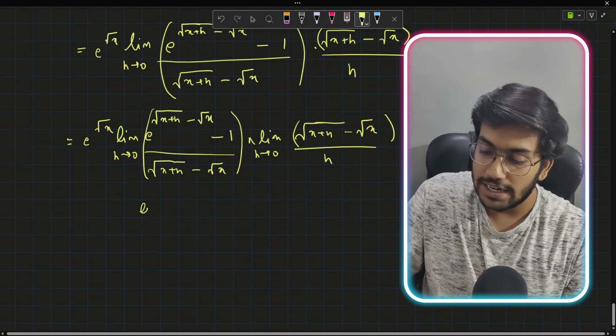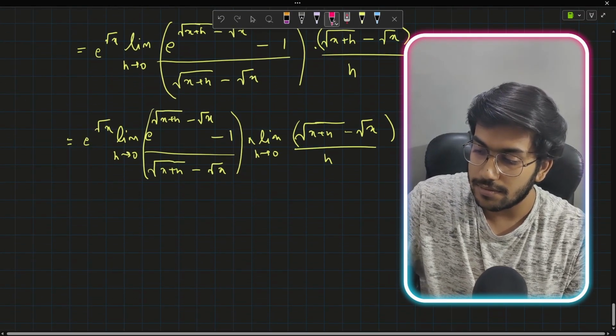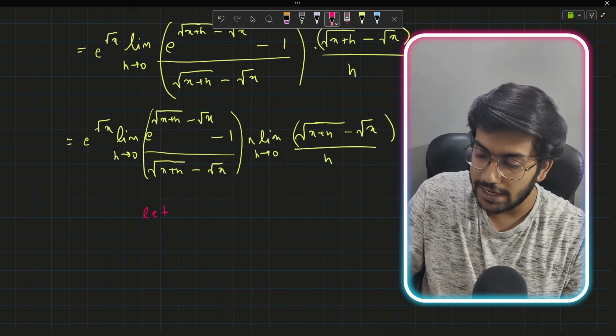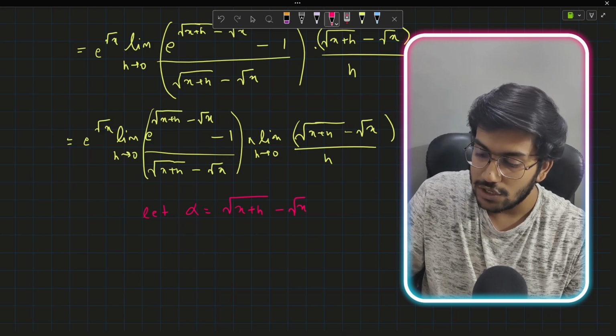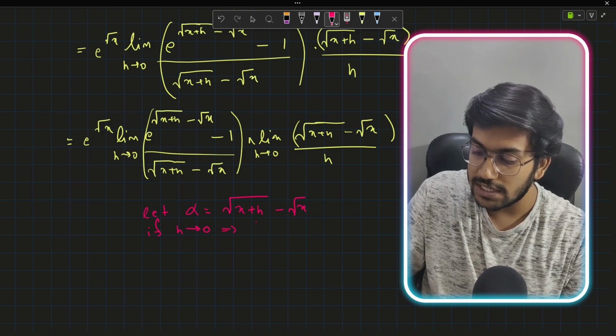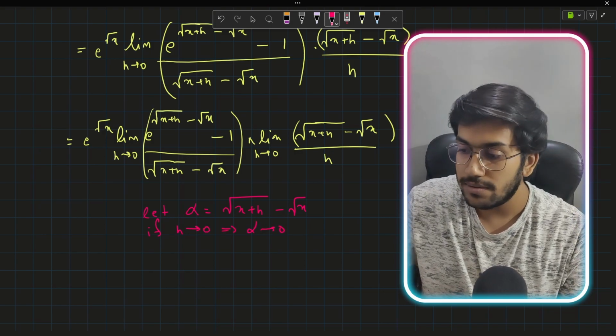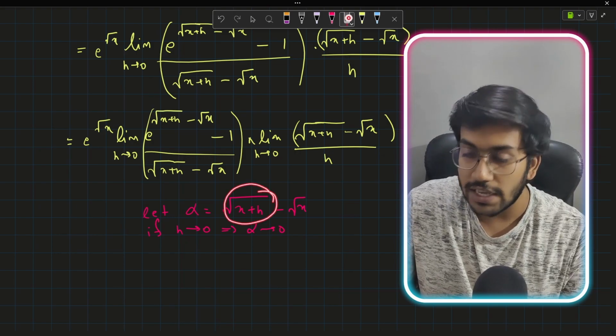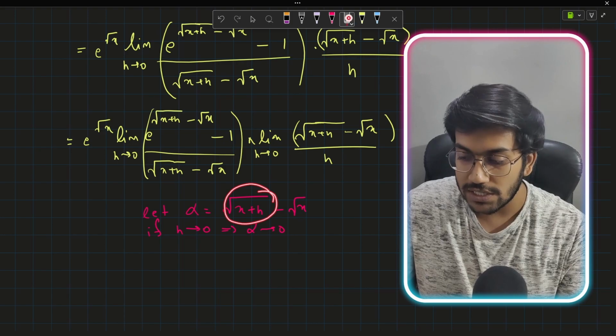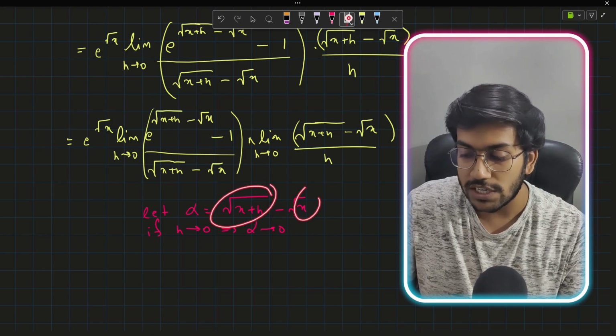Now let alpha be equal to root x plus h minus root of x. So if h tends to 0, this implies alpha goes to 0. Fine, because if h goes to 0, this term will get as close as possible to root x, and root x minus root x will be 0.